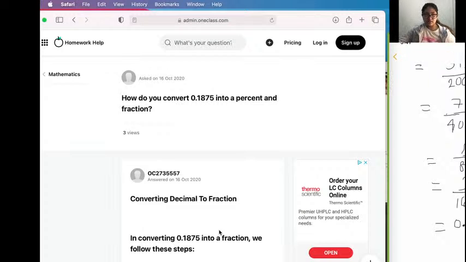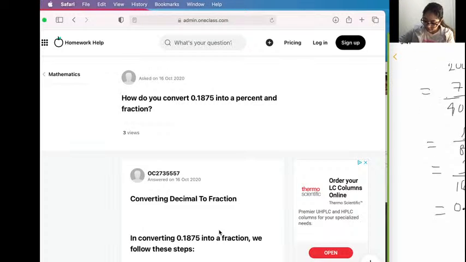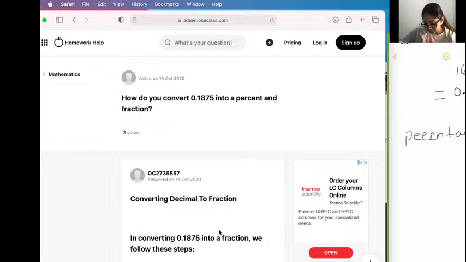And to convert this into a percentage, since percentage means divided by 100, what we can do here is first multiply.